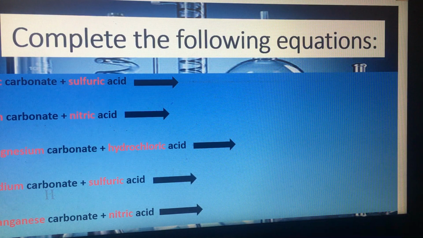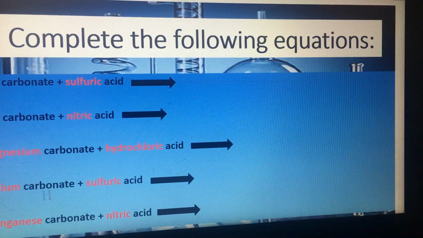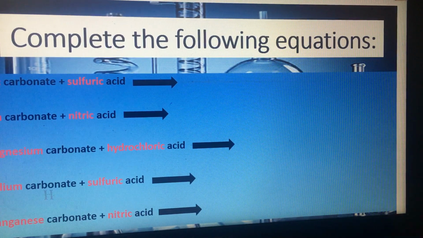So zinc sulfate with carbon dioxide and water. Iron carbonate with nitric acid. Iron is the type of carbonate, iron carbonate, and the type of acid is nitric acid. That will produce iron nitrate, water, and carbon dioxide.